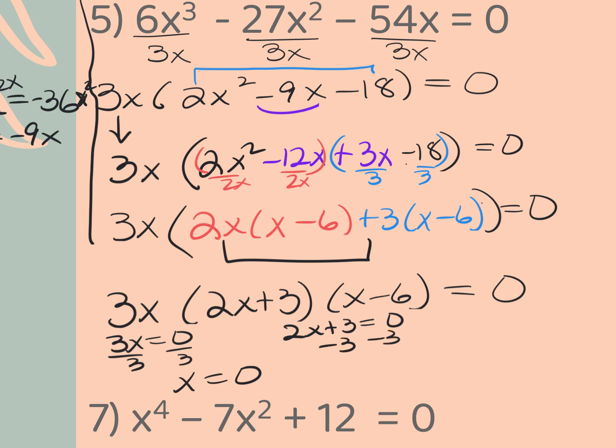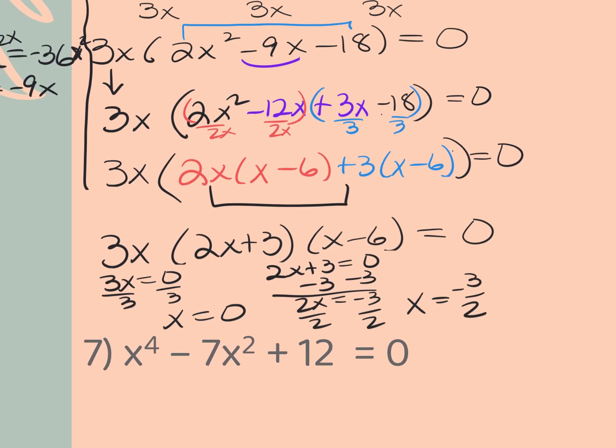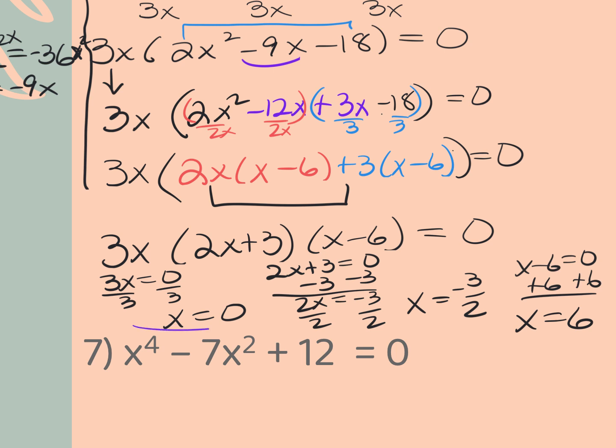Subtract the 3. 2x equals negative 3. Divide by 2. And my second answer is negative 3/2. And then finally the last one, x minus 6 equals 0. Add the 6. And x equals positive 6. So I have x equals 0, negative 3 over 2, and then positive 6. 3 answers.